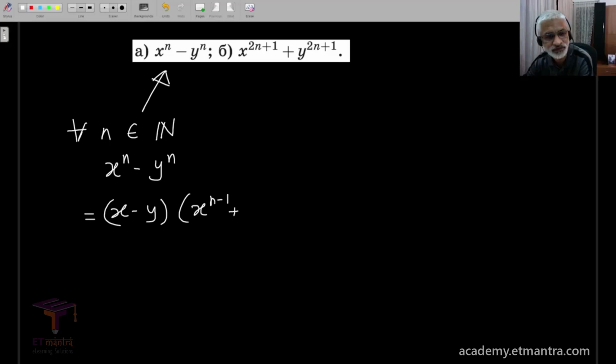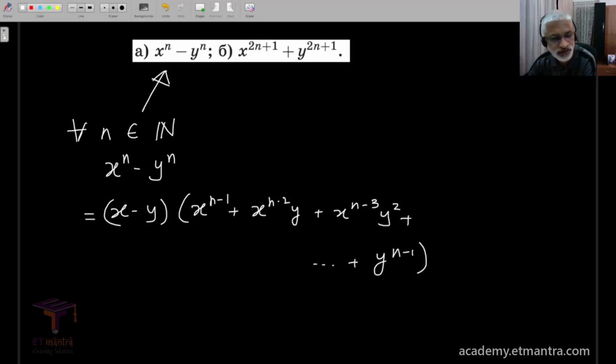These are of the powers n minus 1 and then x raised to n minus 2 y plus x raised to n minus 3 y square and so on. And the last term is y raised to n minus 1.